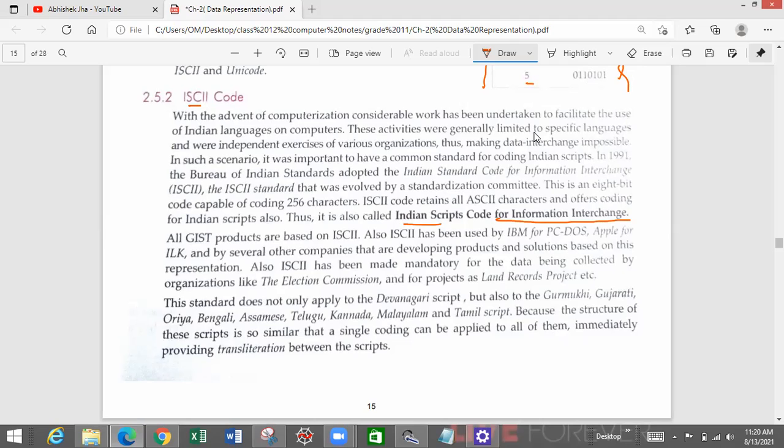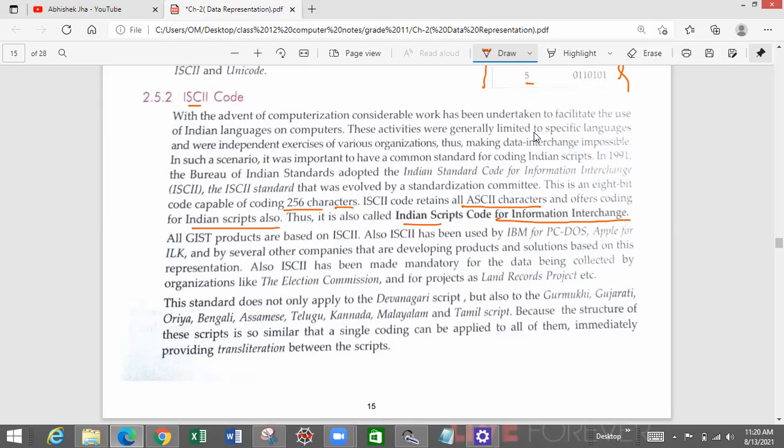So for that, the Indian government and various scientific organizations in India have come up with ISCII code, which is Indian Script Code for Information Interchange. This is an 8-bit code and can represent 256 characters. It can represent all the ASCII characters and also represent Indian scripts.